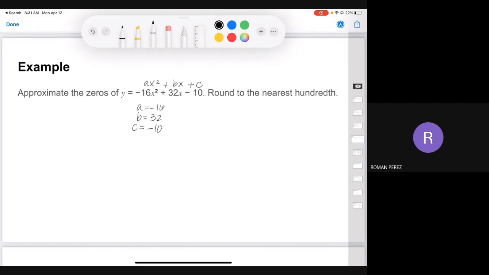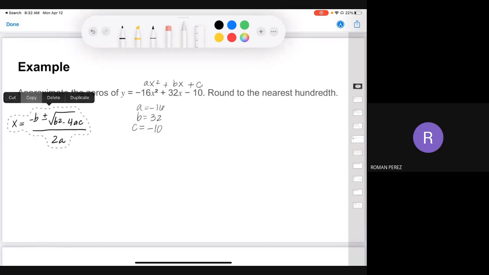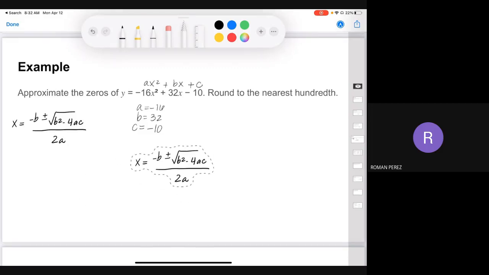And now that we have this, this is what we're plugging into the quadratic formula, which once again is, let me see. So there's our quadratic formula. Then we're going to go ahead and substitute in our values. I'm going to try my best to do this.